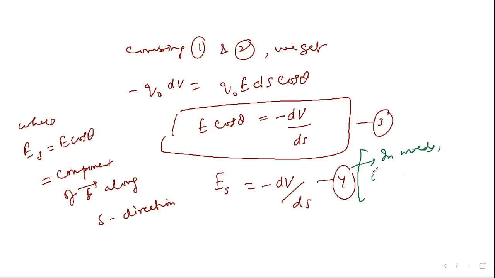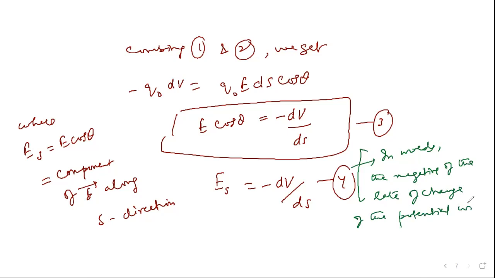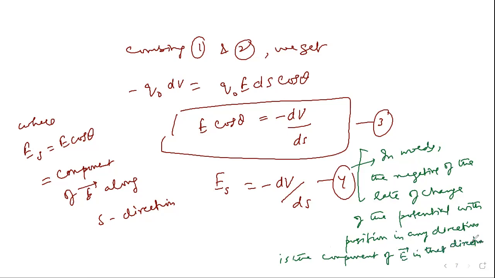It says the negative of the rate of change of the potential with position in any direction is the component of electric field E in that direction. Remember it.